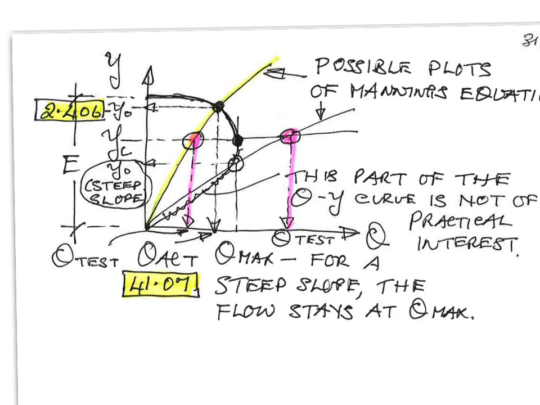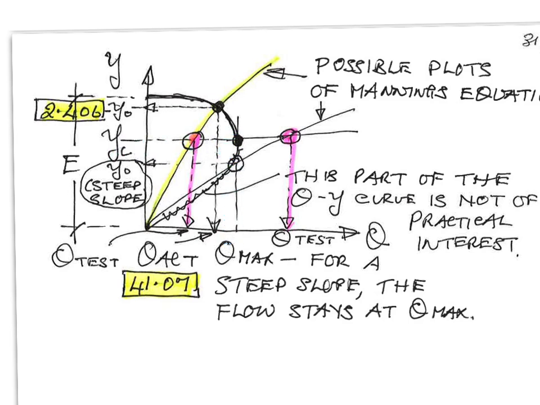So how do we go about determining the actual flow? Well, the first thing we do is we assume that the slope is steep. That means that the flow we get would be the maximum, because if the slope is steep, the flow will have gone through the critical depth somewhere near the entrance.